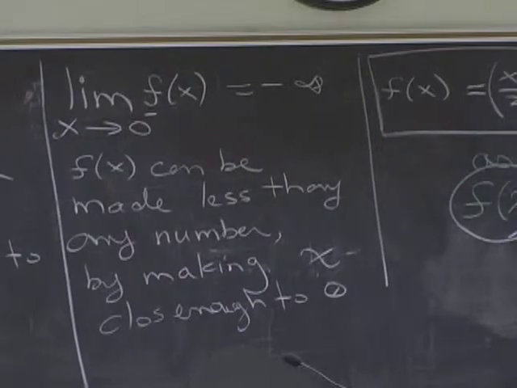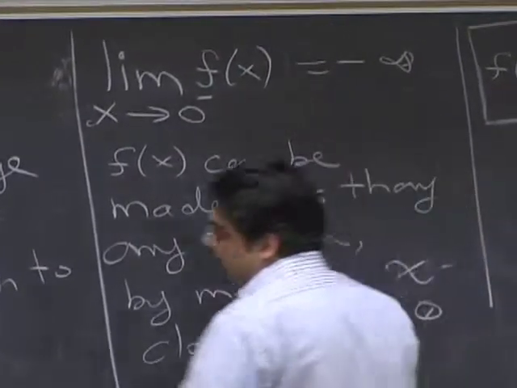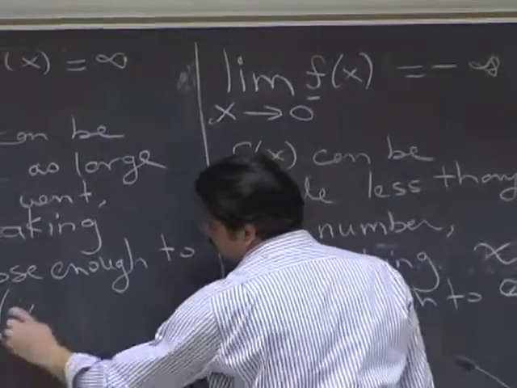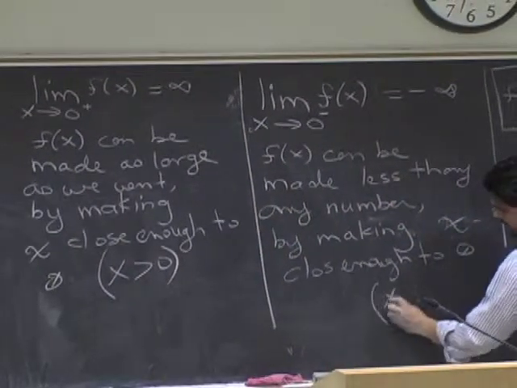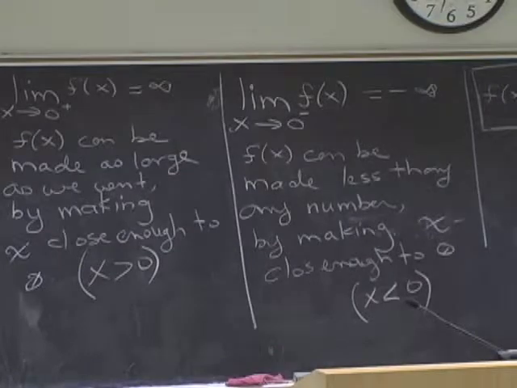Let's make a distinction between the two. Here x close enough to 0 but more than 0. Here x close enough to 0 but less than 0.